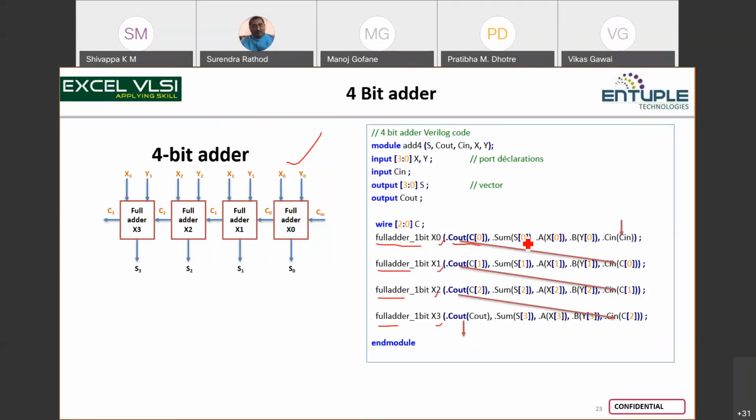Of course, the sums are S0, S1, S2, S3, right? And now this A and B, X and Y, X0, Y0, Y1, X1, right? So this is how hierarchically you can build the combinational circuits, half adder and full adder, and extend this for 4-bit or 8-bit.